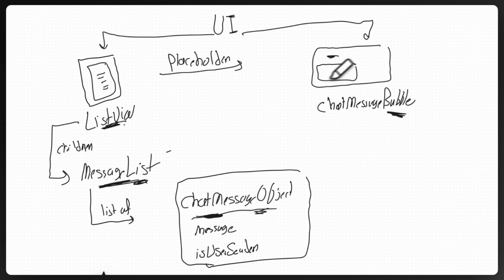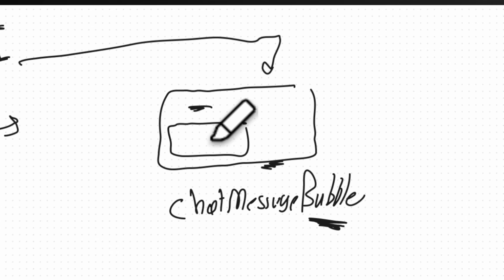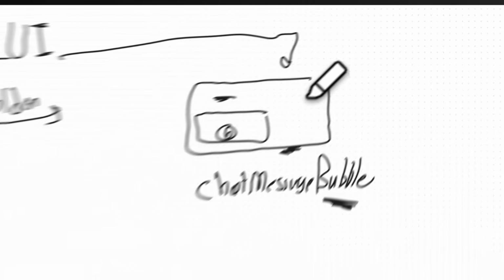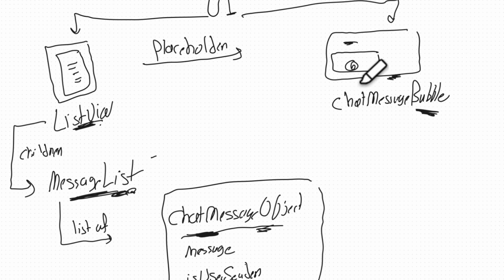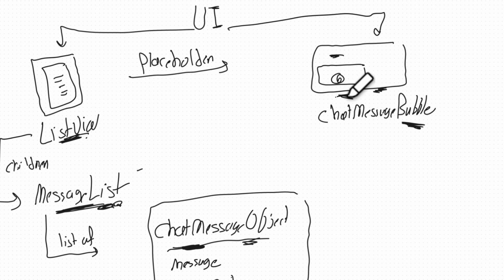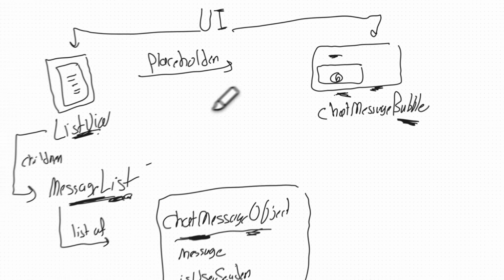But inside the bubble, I need to show the text, which is the message. I also need to do some logic depending on if the message came from the user or from ChatGPT. So I need to get the chat message object from the list for every single instance of the chat message bubble rendered inside the list view.